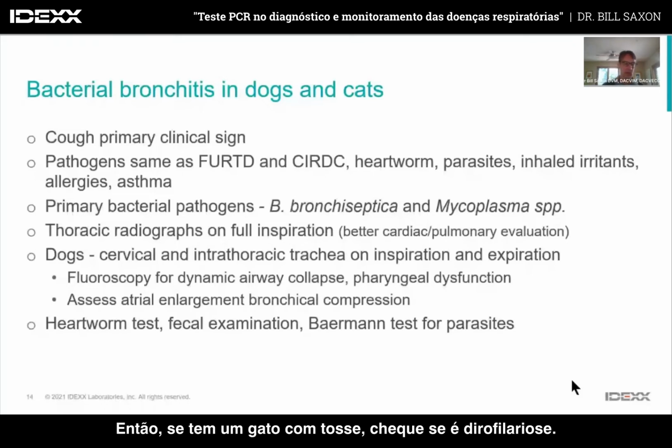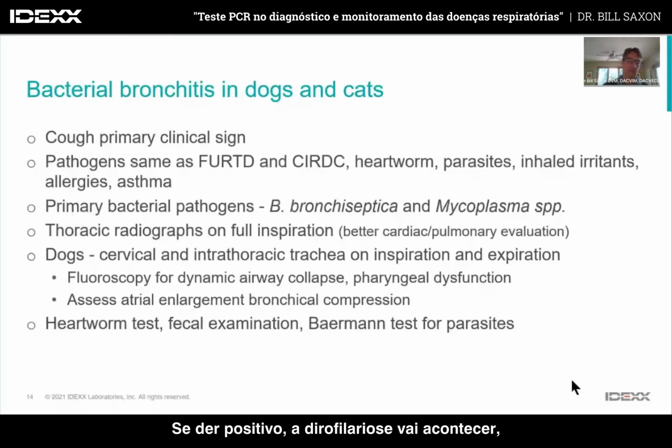So if you have a coughing cat, make sure you screen for heartworm disease, and that in cats is a little trickier than in dogs because the antigen test isn't that sensitive, because cats often have just one, maybe up to 3 worms, not enough for that test to be positive. So in cats, if you get a positive antigen test for heartworm, you've got the diagnosis. If you have a coughing cat and your antigen test is negative, then you would do a heartworm antibody test, all right?